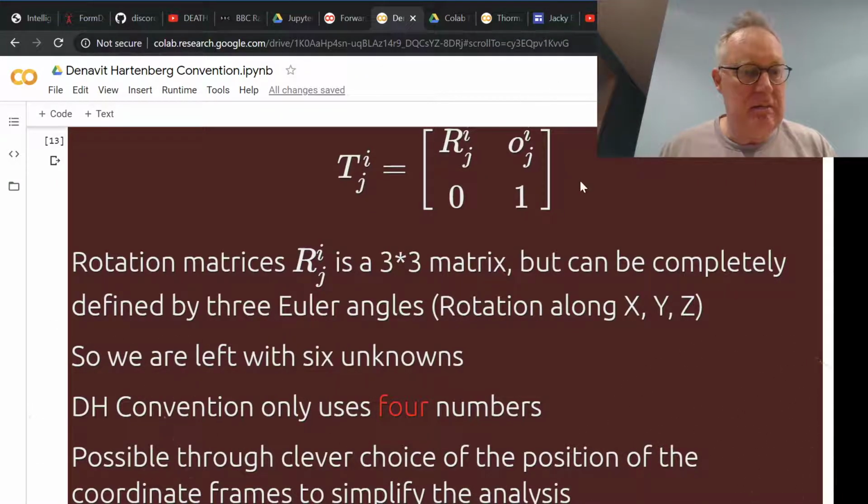And the axis that we choose is the z-axis.